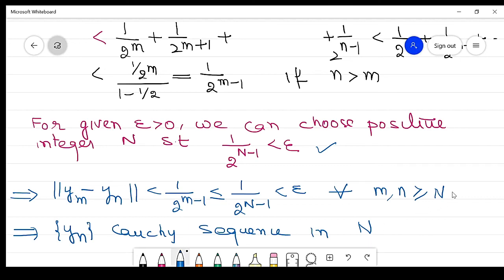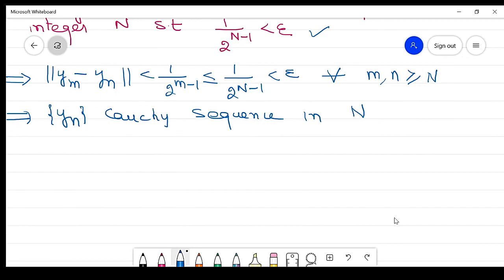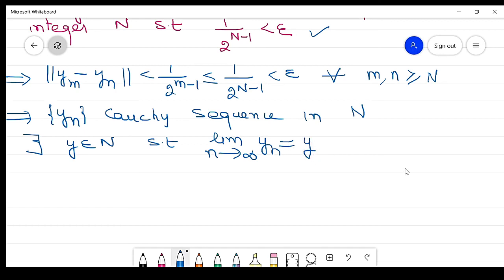Because N is complete, every Cauchy sequence is convergent in N. Similarly, yn is also convergent in N. If yn is convergent in N, it means there exists a y belonging to N such that limit as n approaches infinity of yn is equal to y, right? So that is our result. I write it as A.